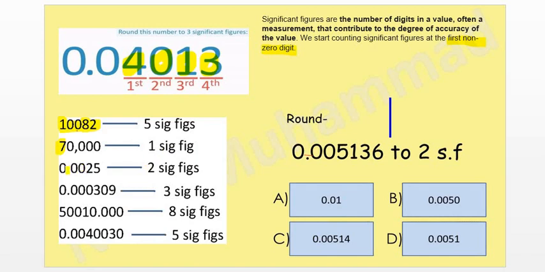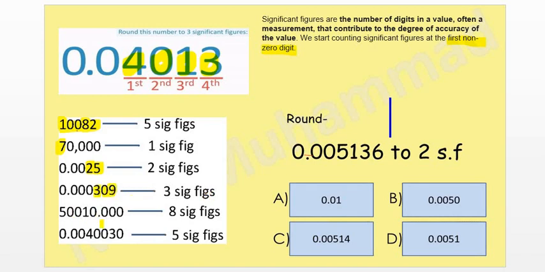This one has leading zeros, which are not significant, so we have only 2 and 5 as two significant figures. Here these are the leading zeros, not significant, so 1, 2, 3 significant figures.